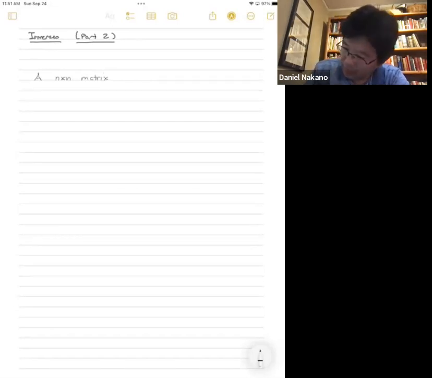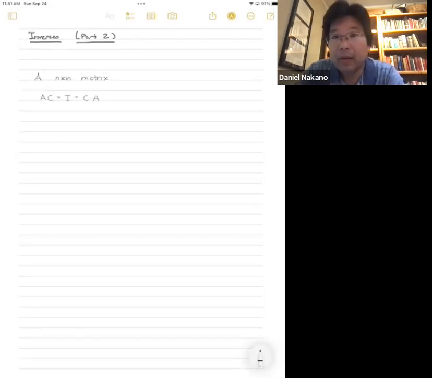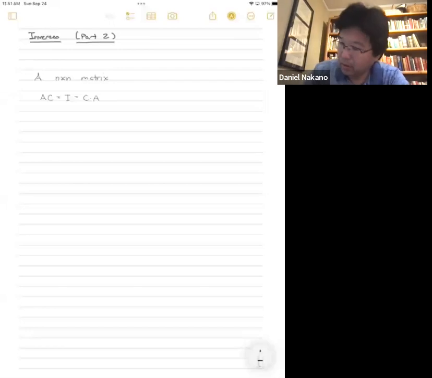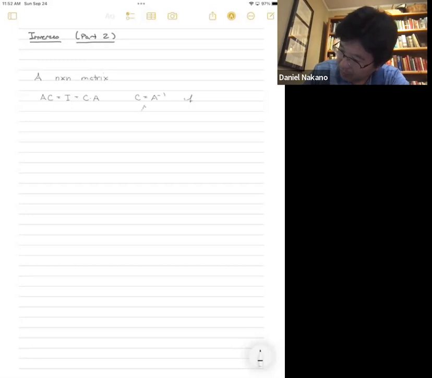So I want a C such that AC is the identity and CA is the identity. When this happens, that means that A is invertible, and the inverse is also unique. So I can write C as A inverse, if A is invertible.